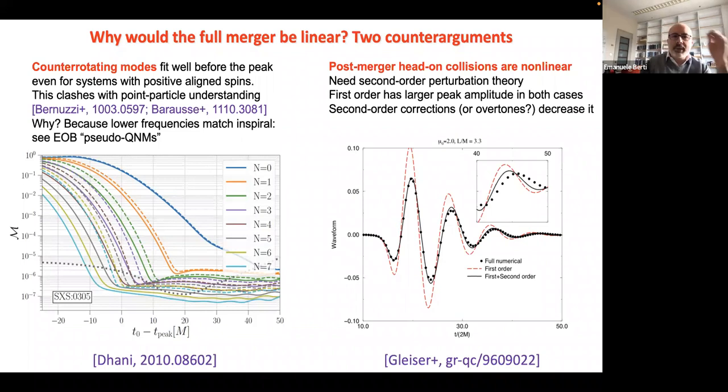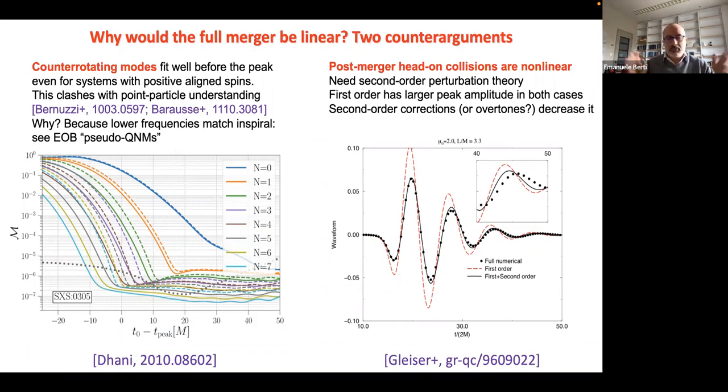And what happens is that if you add the counter-rotating modes, then you can do exactly the same thing. This is the same plot taken from a paper by Satya and collaborators, Arnab Dani and others. And you see that as you include the counter-rotating modes, your fit gets better. And in fact, you can get a very good mismatch before the peak.